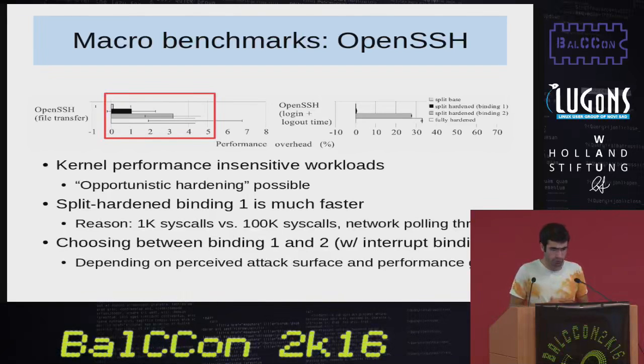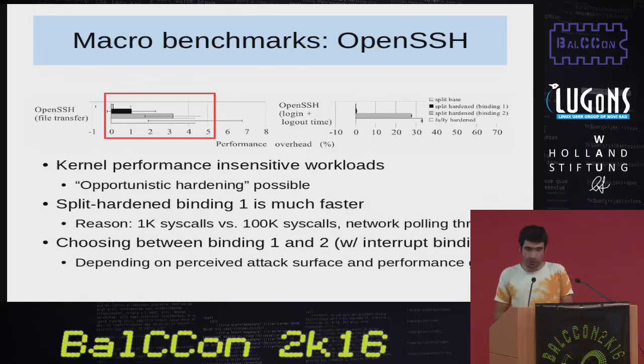For the first benchmark, the main thing we can say is that everything is below 5% overhead. The reason is that it's not really a kernel-intensive benchmark, right? It's mostly file transfer, so we're network bound. This is still very interesting because it means that split kernel could be used to opportunistically harden some workloads.